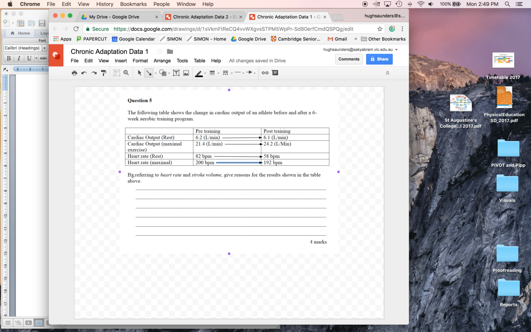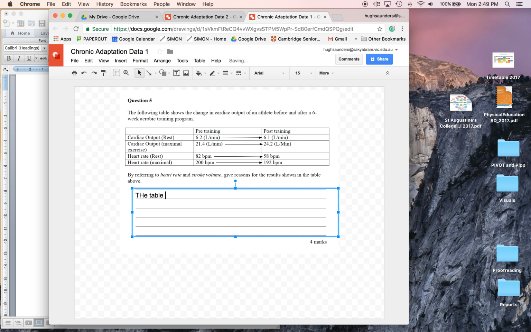In terms of our question, the question asks us, by referring to heart rate and stroke volume, give reasons for the results shown in the table above. Here's where we need to show our knowledge of being able to analyse the table, and then also the explanation around why that would happen.